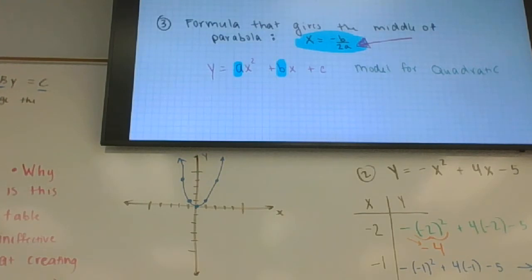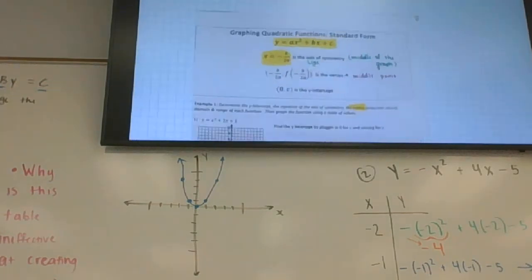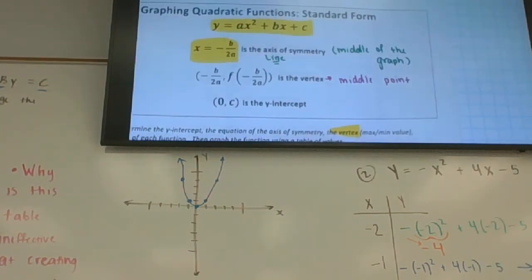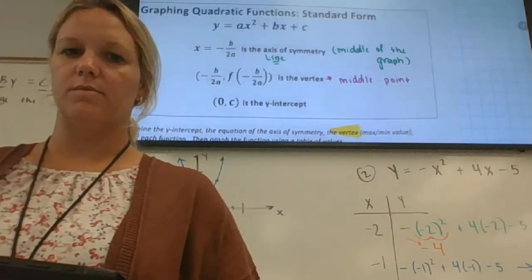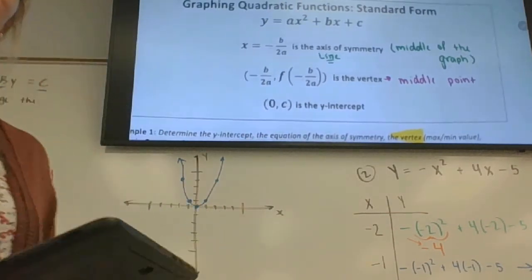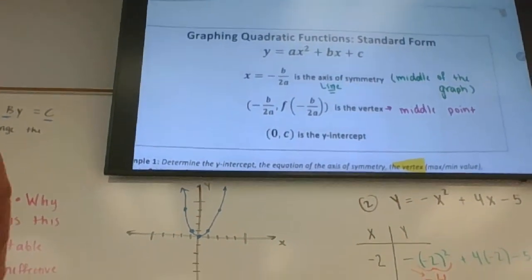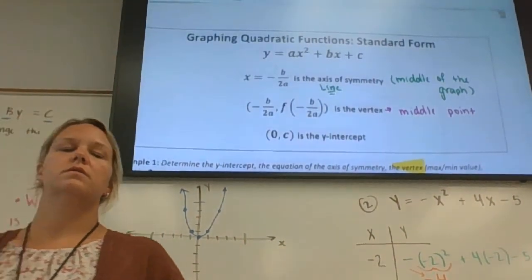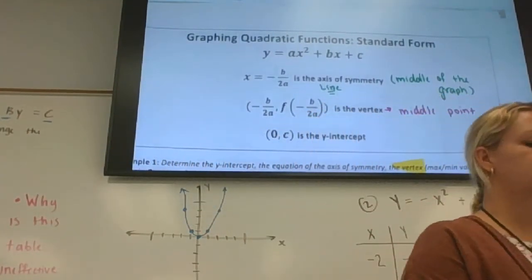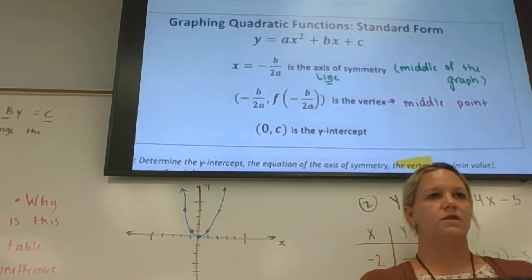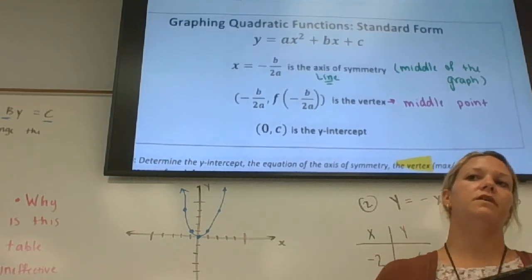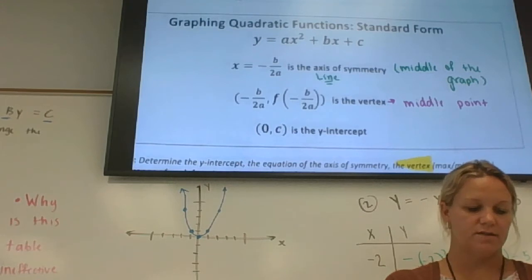Did everybody get a handout? Okay, so this is everything I just told you in a more formal way. So this handout is what you'll refer to every time you have to graph a quadratic in standard form.